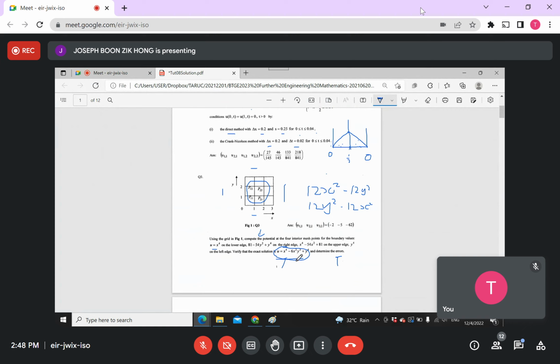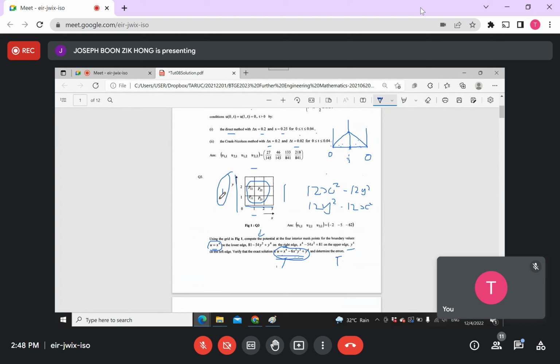Just very simple. I have this equation on here. That means y equal to 0. So you put in y equal to 0, then you will have u equal to x power 4, which is this one. And then for this line, x equal to 0. So you put x equal to 0, you get y power 4, which is here.